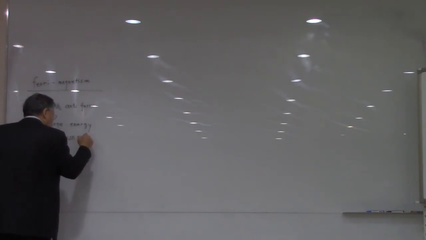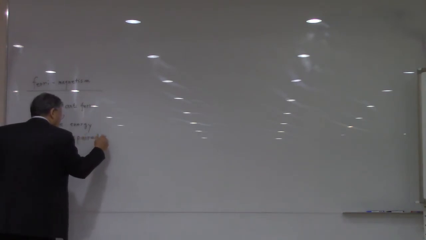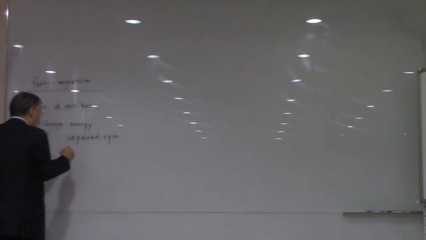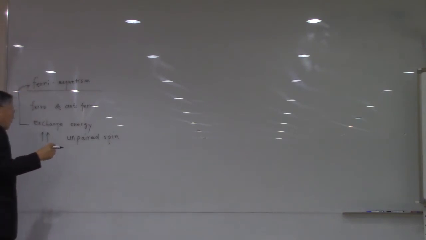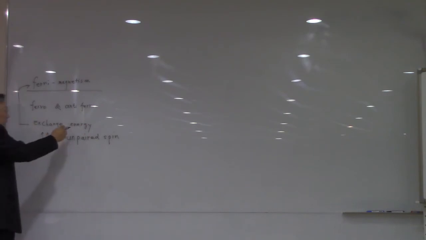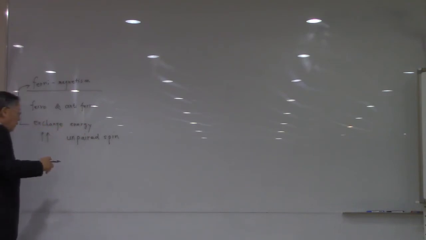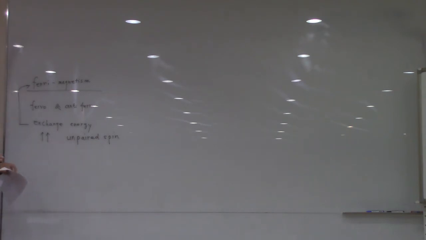Unpaired spin is important. And then one of the natures of ferromagnetic materials is that the exchange energy gets low when the nearest unpaired spins are oriented parallel. That is the ferromagnetic property.